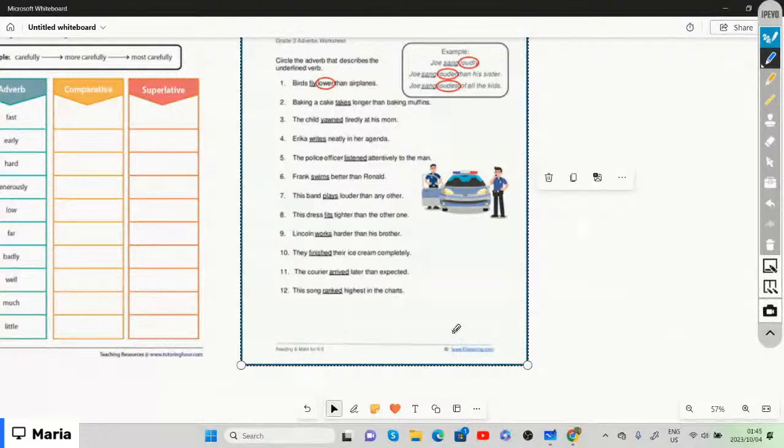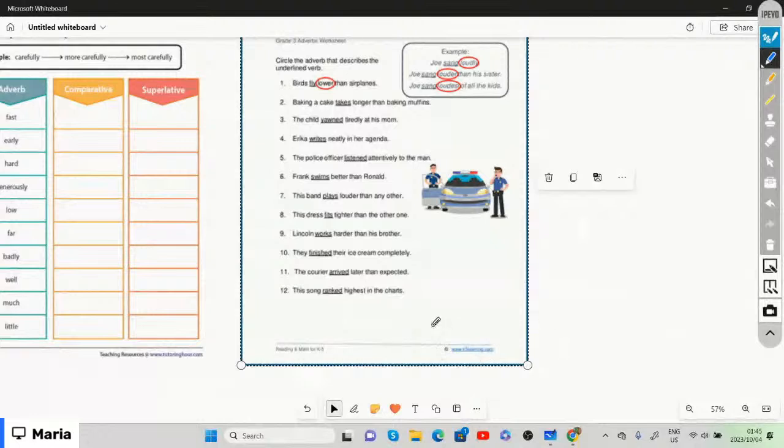And if you're comparing adverbs with two or more syllables, then for the comparative adverb, we add more, and to our superlative adverb, we add most.